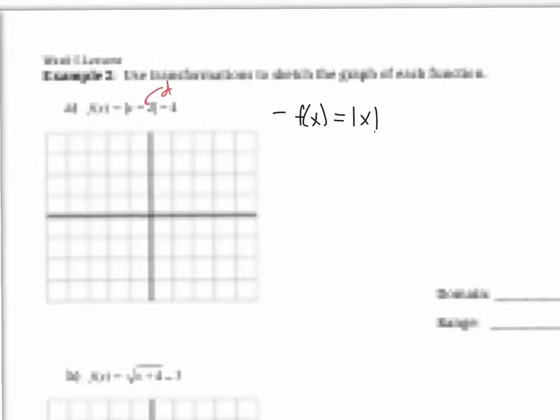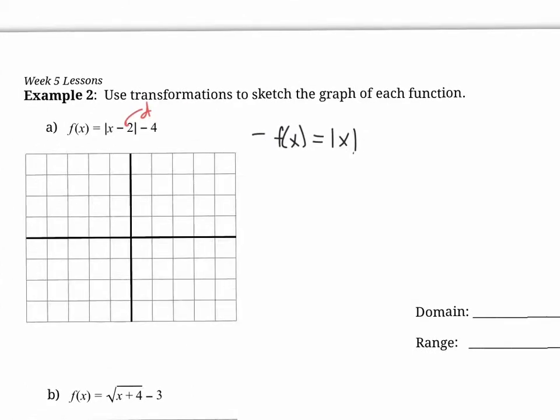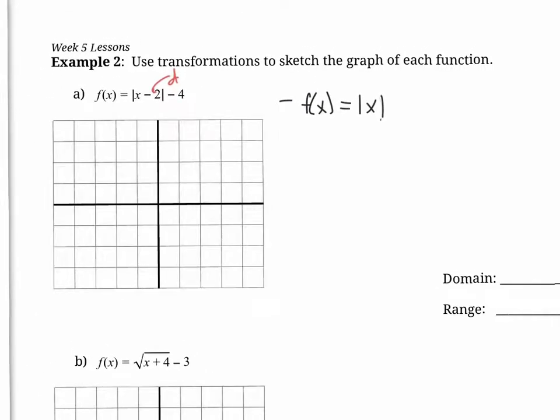It's inside where the x is. We've got this guy here is our C value. It's outside of the function. So that means that we are going to the left. Sorry, we're not going to the left. We're going to the right 2, and we're going down 4. Right 2, down 4. That's what we've got to do.